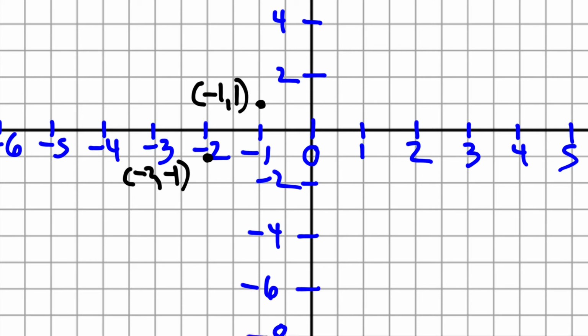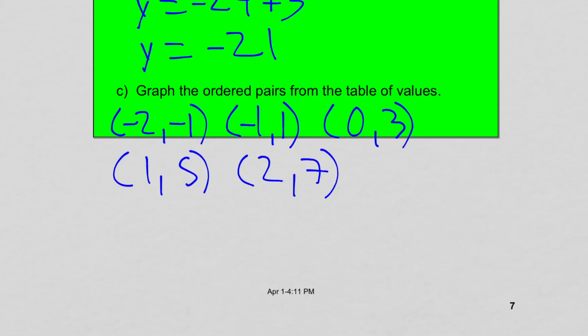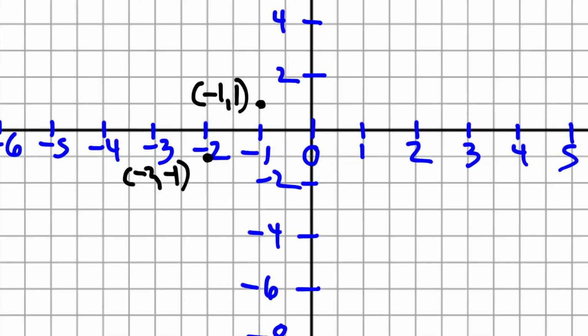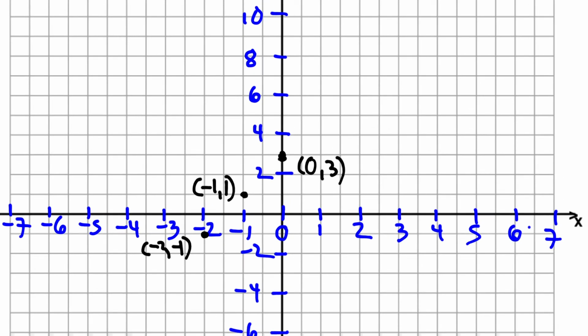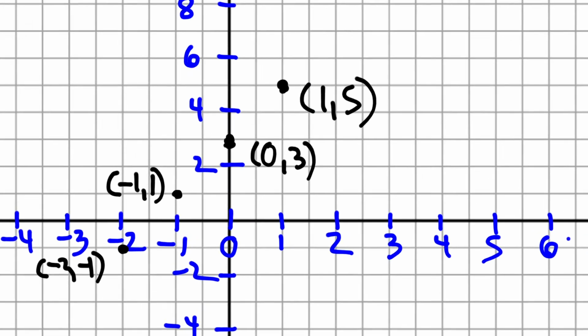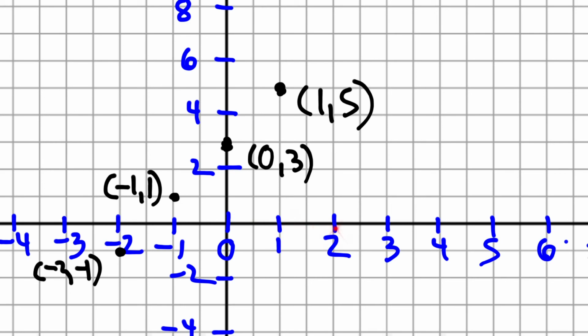Now the next point was 0, 3. So we stay on the x-axis and we go up to 3. There's 0, 3. Then next was 1, 5. So we'll go across 1 and up 5, and we'll label that 1, 5. And then the last one was x is 2, y is 7. We'll put that right there.